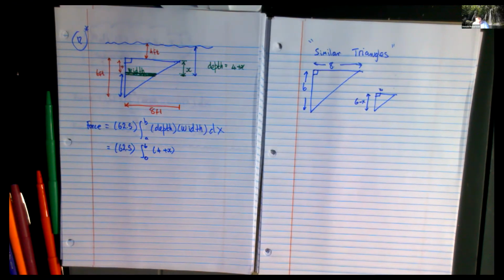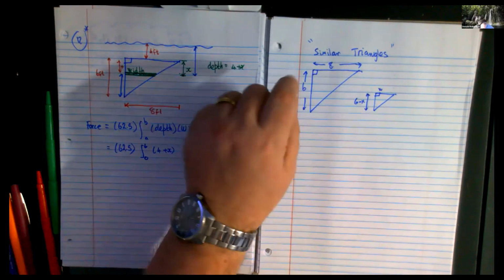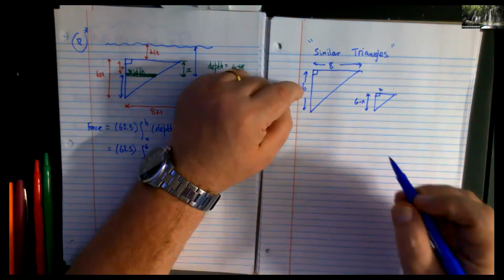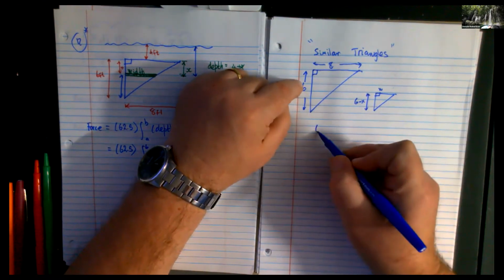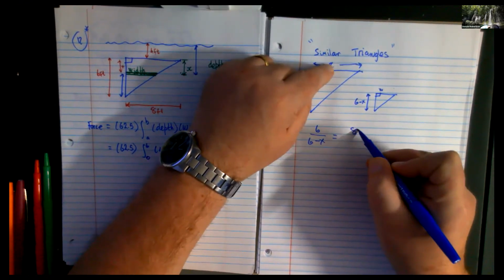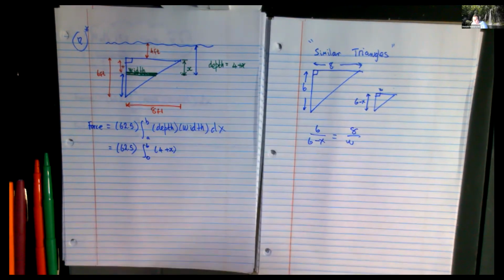According to similar triangles, if you have two triangles, same shape, different sizes, the jargon is that the corresponding sides are in equal ratio. Let me show you what that means. This side corresponds to that. So 6 divided by that is the same thing as 8 divided by W. Right? Corresponding sides in equal ratio.